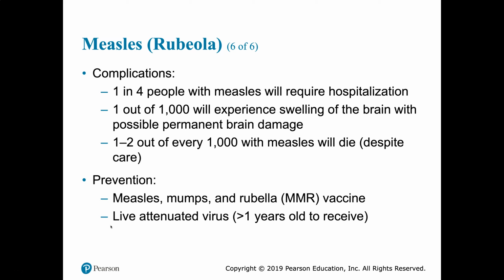You really don't give live attenuated vaccines to children younger than 1 year old because their immune system is not fully developed. But the MMR vaccine is effective. This is a really, really effective vaccine. We've gotten all the kinks out of it. It works. Now we just need to make sure that everybody continues to get vaccinated, which is part of the problem.